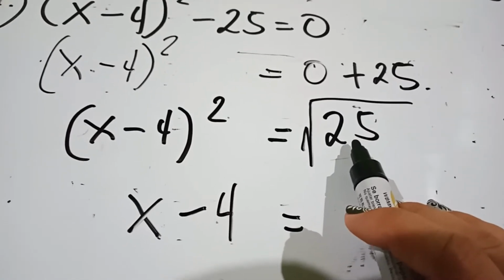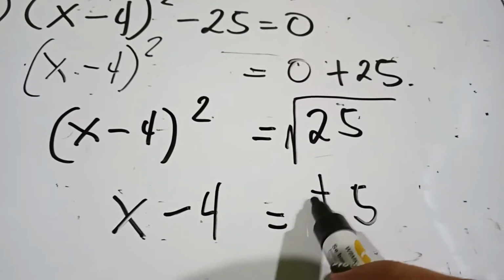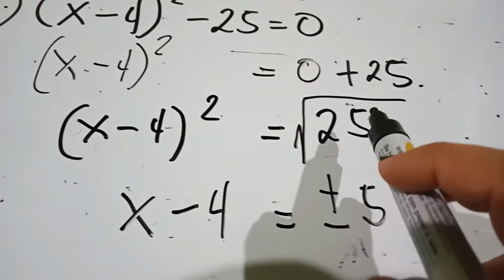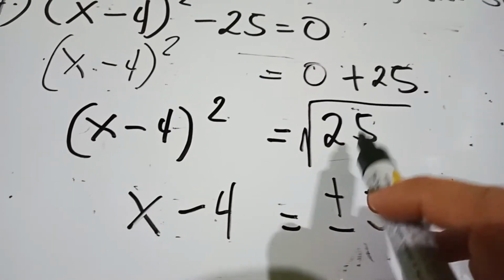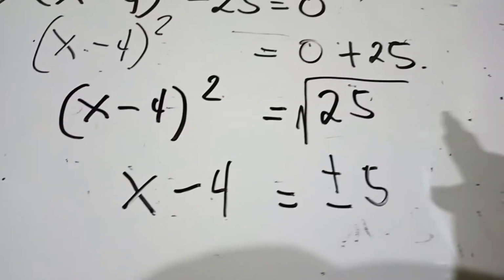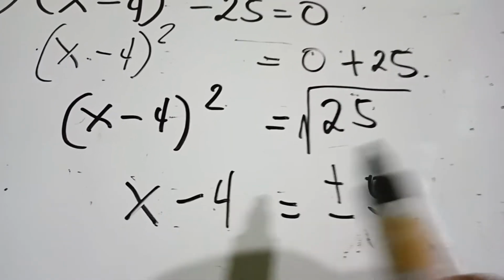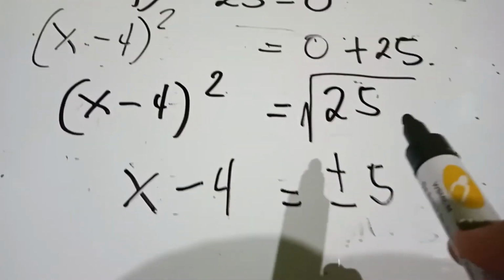Okay, the square root of 25 is positive negative 5. Positive 5 times positive 5, 25. Negative 5 times negative 5, positive 25. So, therefore, the value of our k, or the value of x minus 4 is equal to plus minus 5.